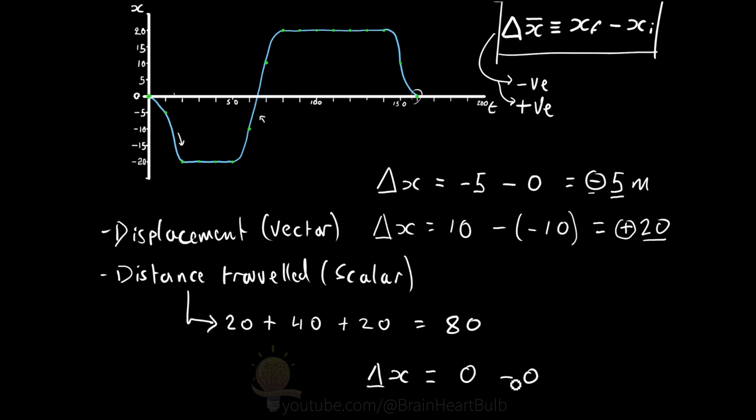So we've got 0 minus 0, which is 0. And that's my displacement over the entire journey. So you can see that the distance travelled and the displacement can result in two separate values. And this will become more important later.